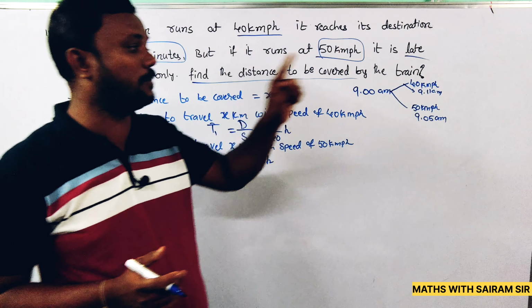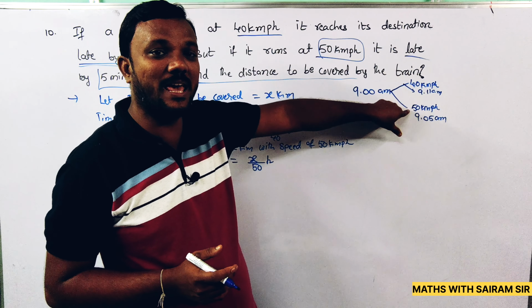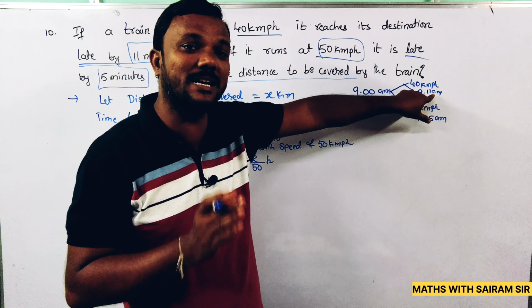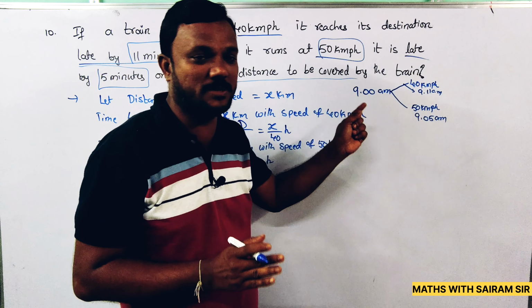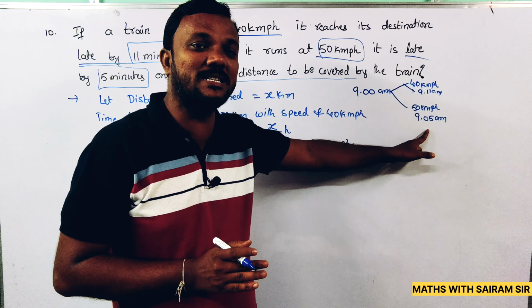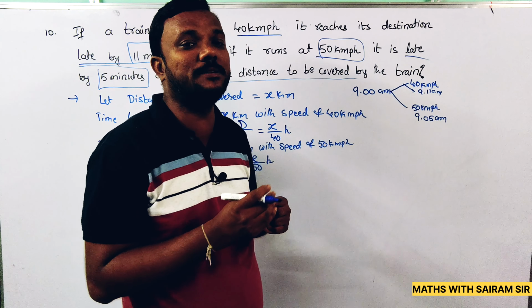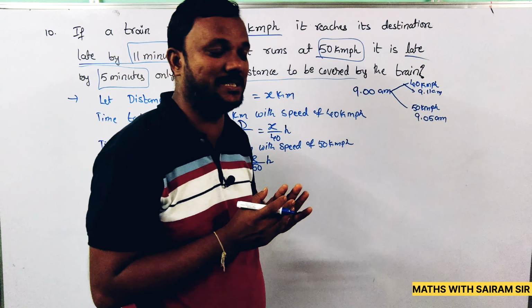And one more thing you need to observe: what is the difference between these two timings? If it travels at 40 kilometers per hour, it may reach its destination at 9:11 a.m. But if it travels at 50 kilometers per hour, it may reach at 9:05 a.m. That means the difference between these two timings is 6 minutes.